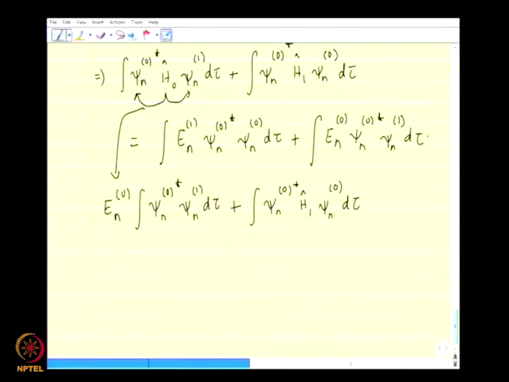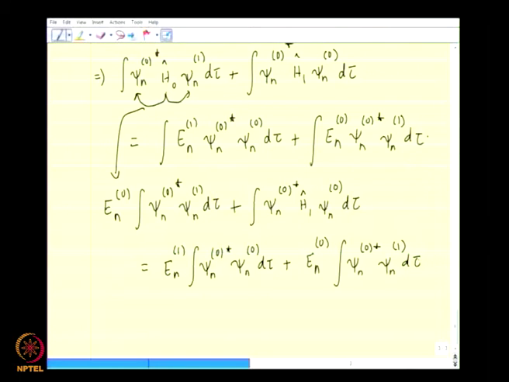is equal to, we can take the energies out, energies are constants, they are independent of the coordinates, therefore you have En1 and the integral psi n0 star psi n0 d tau, plus En0 integral psi n0 star psi n1 d tau.